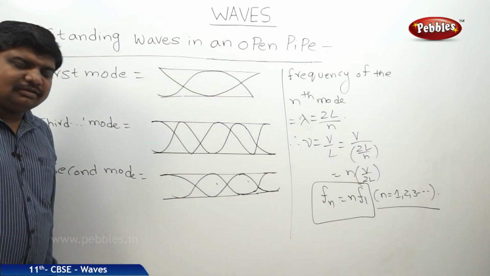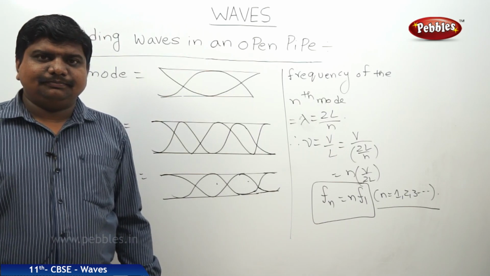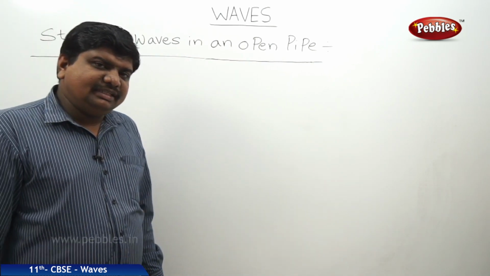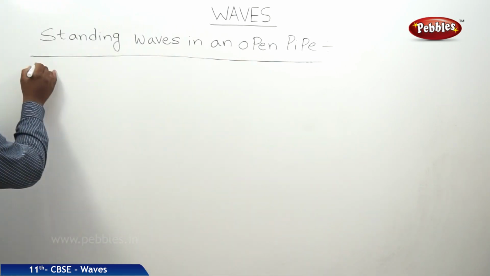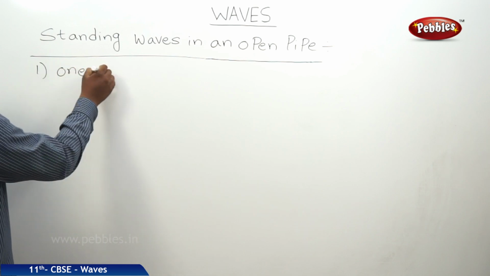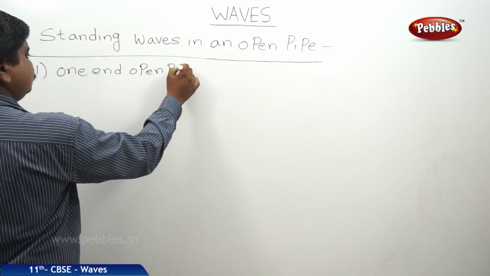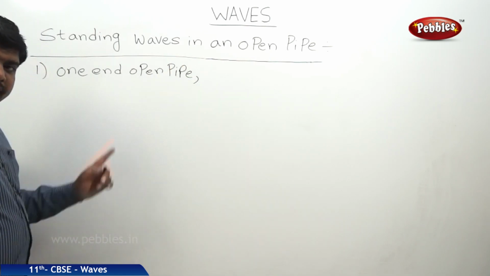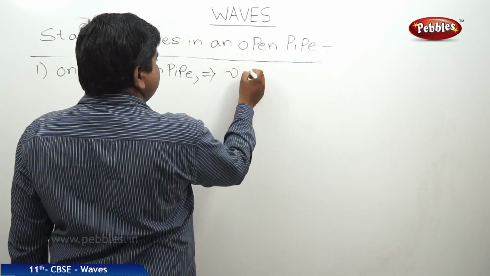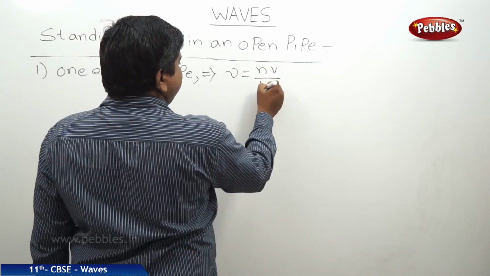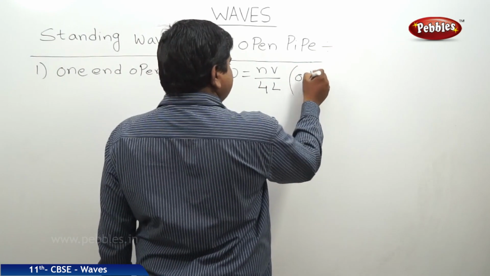Now we will see the comparison of this open pipe harmonics to the one end open pipe harmonics. If you see the comparison between the frequencies of a one end open pipe and a both ends open pipe, the first case is one end open pipe. In this case, the frequency we got is NV by 4L, only odd integers.